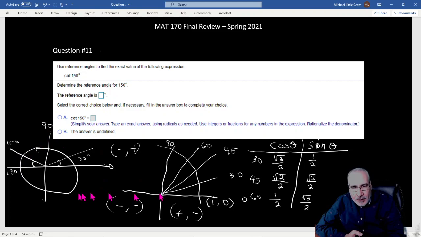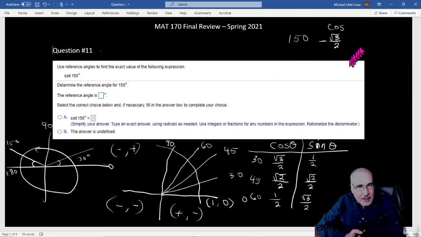So what we get from the 30 is, let's just write it for the 150 degrees, the cosine is square root of 3 over 2. But in the second quadrant, it's negative. Okay, and the sine of 150 is going to be 1/2, and it's positive 1/2 because it's in the second quadrant.